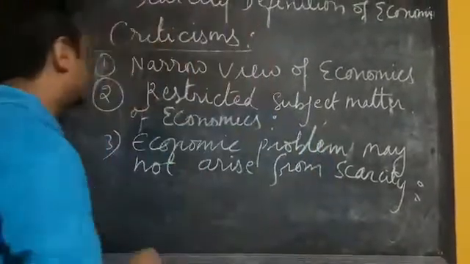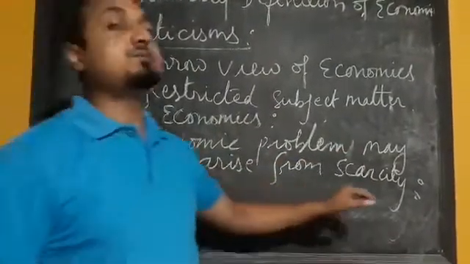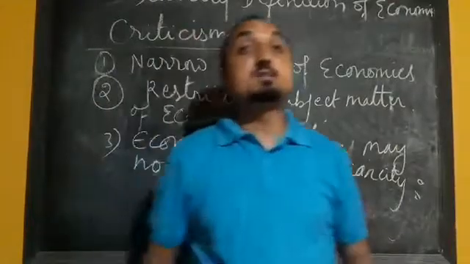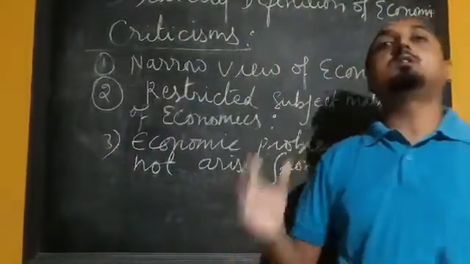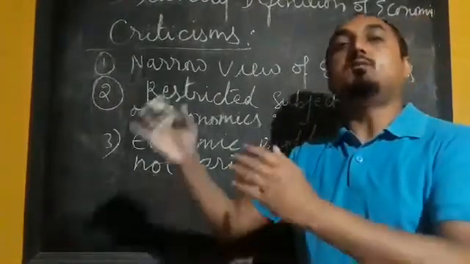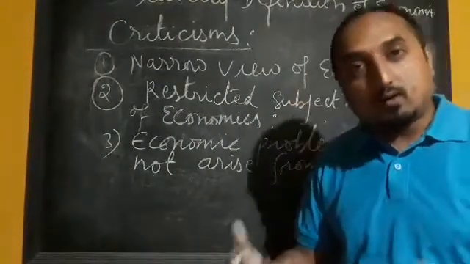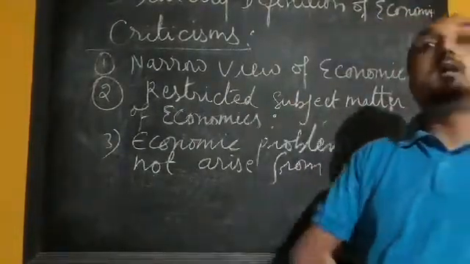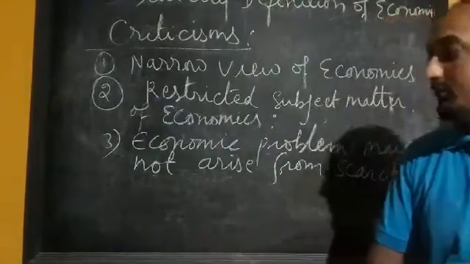Now the next criticism we have is that economic problems may not arise from scarcity. Some critics have blamed Professor Robbins, saying that all economic problems do not arise because of scarcity of resources. Sometimes the problem in our economy arises because of an abundance of resources or overproduction. I'll give you an example.